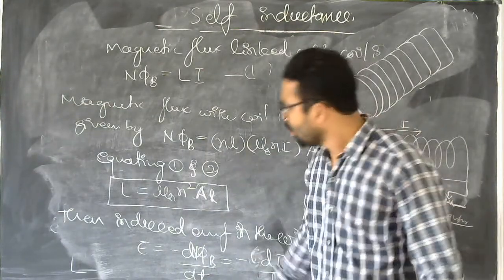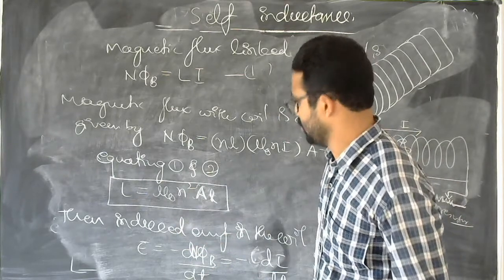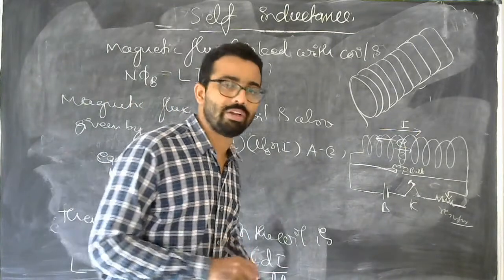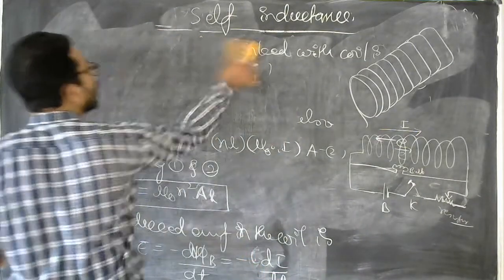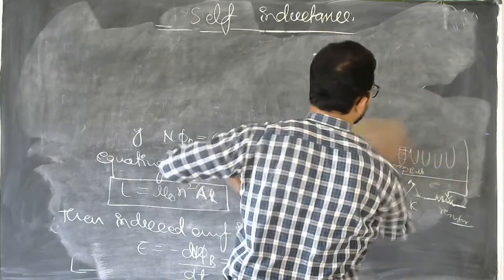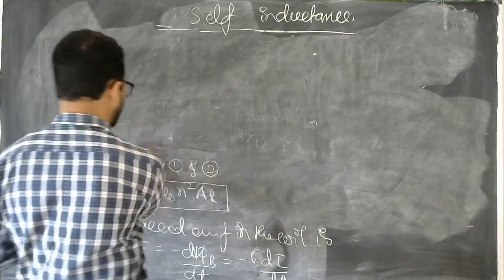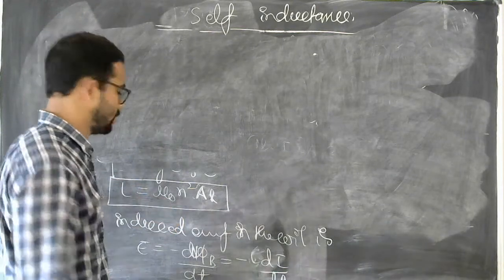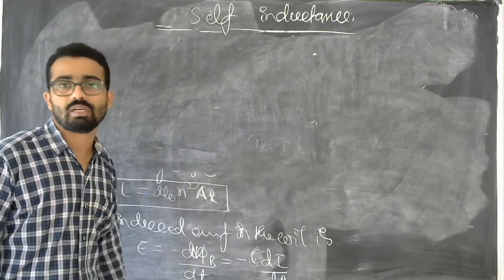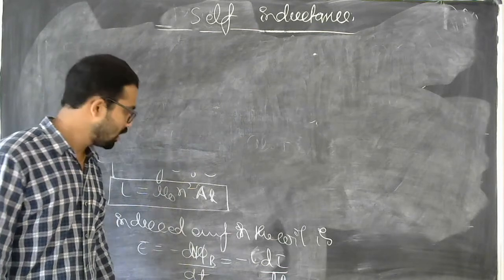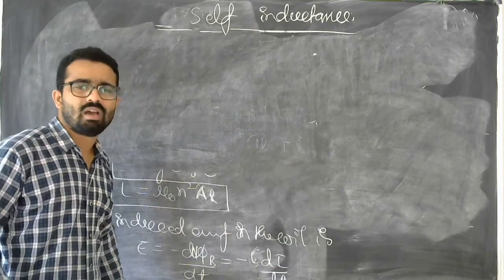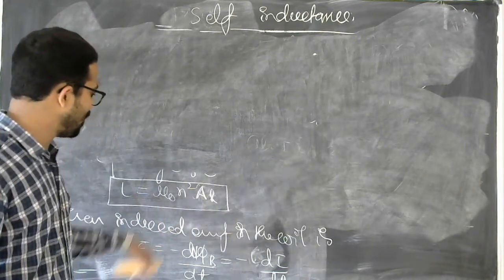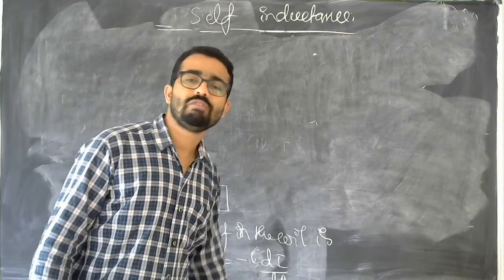Now look at this. Let me explain in the case of mutual inductance also. If you look at this equation of mutual inductance, here it is mu naught. Mu naught means it is the permeability of free space. For a general case, while deriving any equations in physics, we take the permeability of free space.